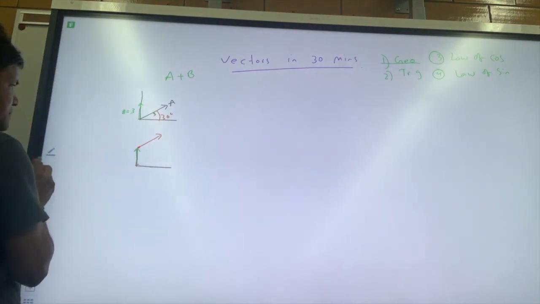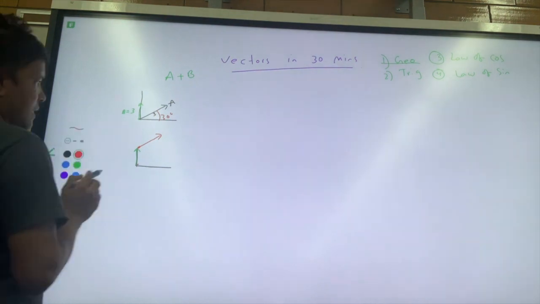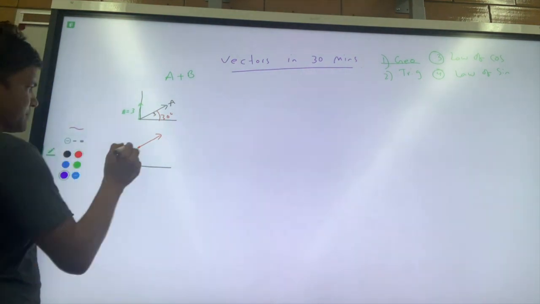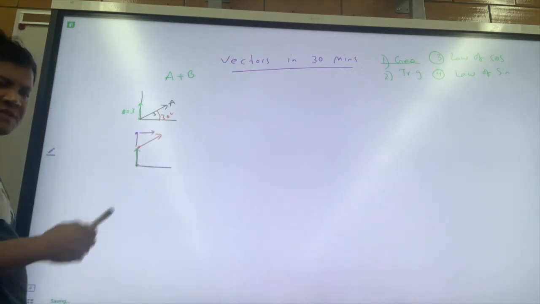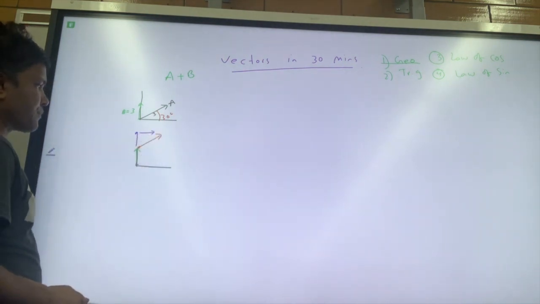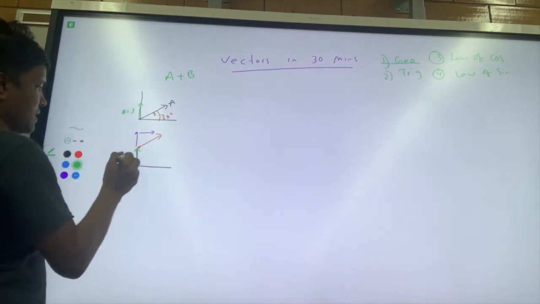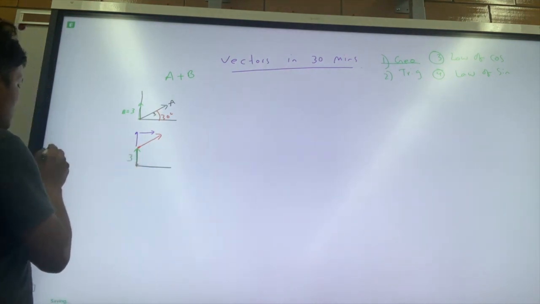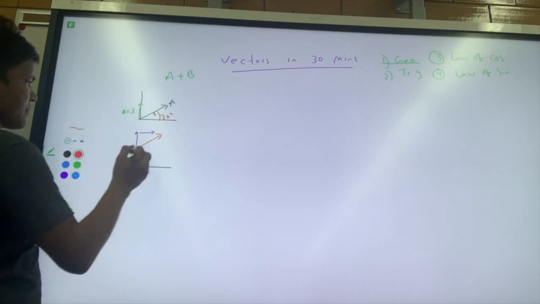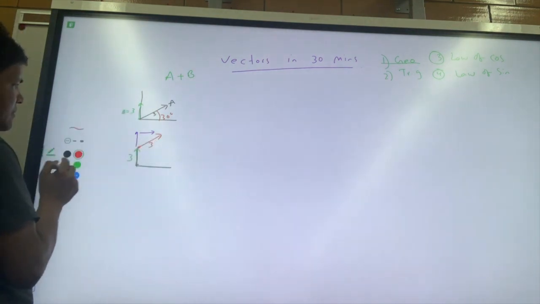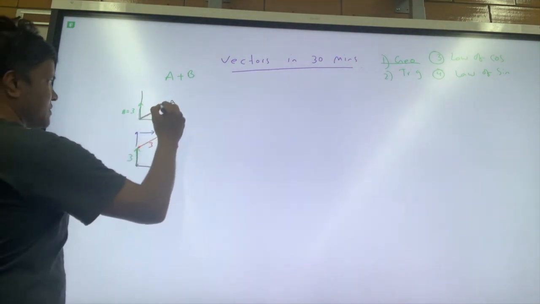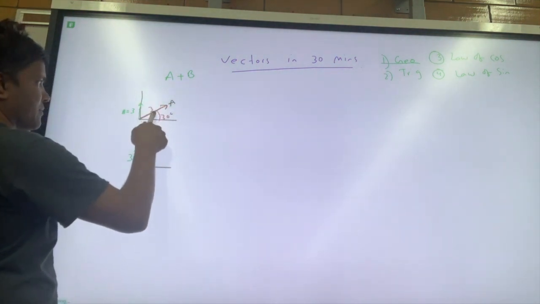Alright, now this one has two components, y component and x component. The green one is 3 and the red one is 3, as you see, I wrote 3 over here.